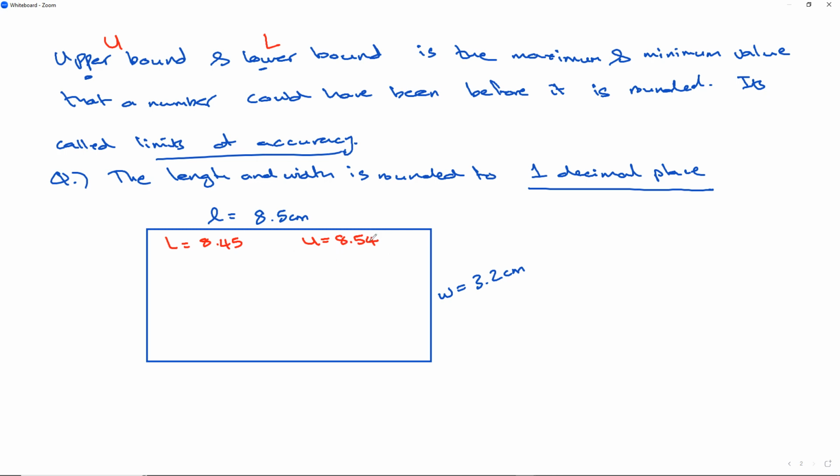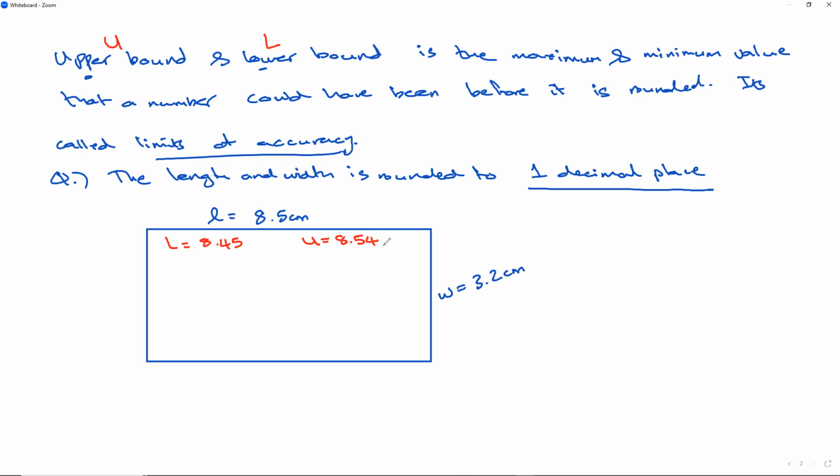But if we have to write it as an inequality, we could also have 8.544, 8.545, 8.546, 547, 548, 549, getting closer and closer to 8.55. So technically, we could get numbers that get closer and closer to 8.55 but never reach it. We can include 8.45 and we can exclude 8.55.